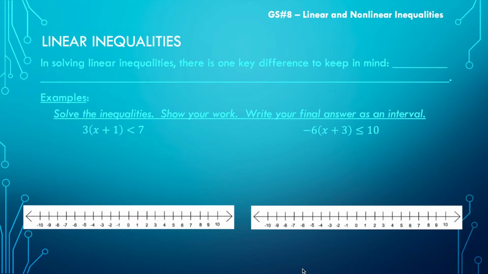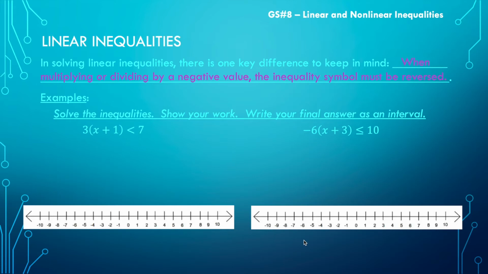So let's talk a little bit about solving inequalities. The biggest thing that you need to remember when we're solving linear inequalities is you're going to focus on the same steps of isolating x as you would if you were solving an equation, except that if you multiply or divide by a negative value, you need to reverse the inequality symbol.